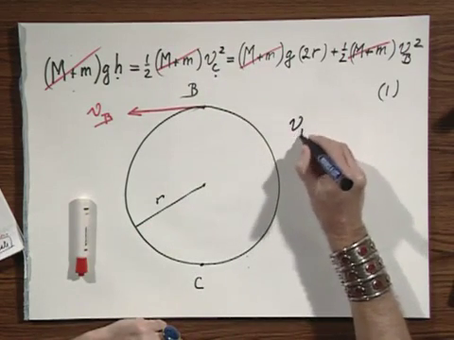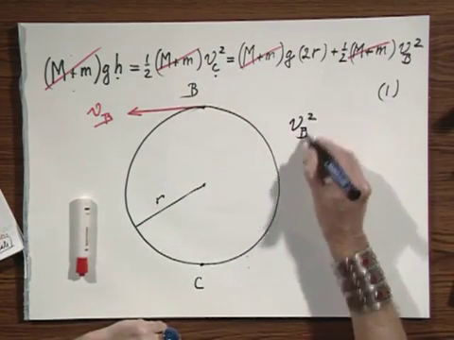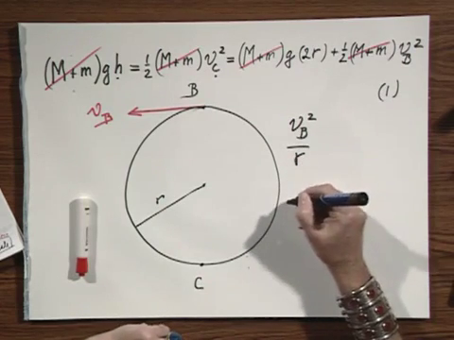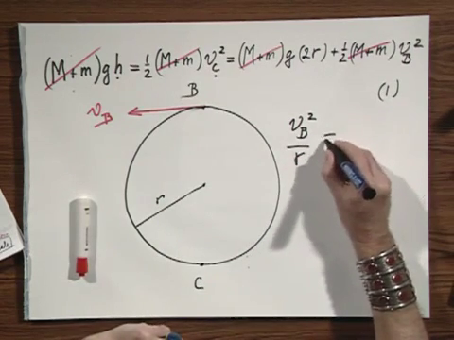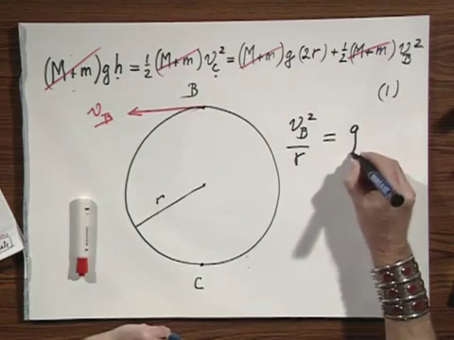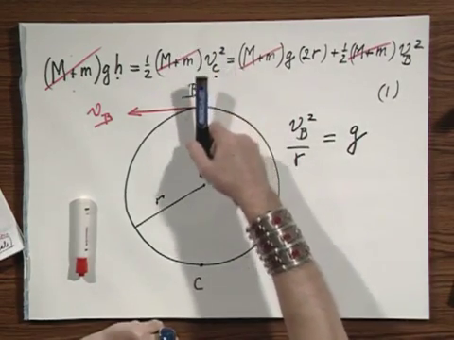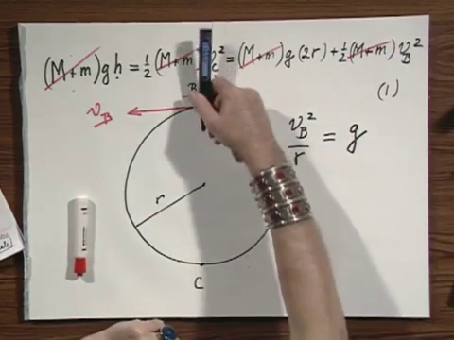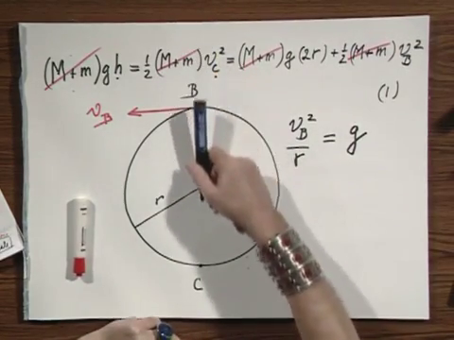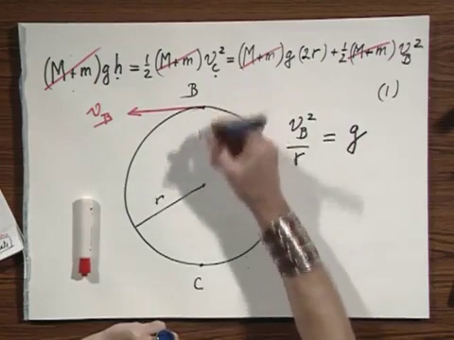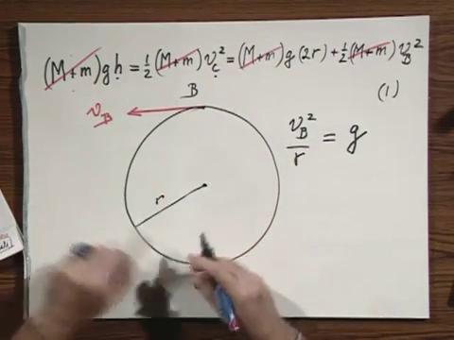And that centripetal acceleration equals vb squared divided by r. And let us now assume that this is exactly equal to g, so that gravity provides precisely the necessary centripetal acceleration to the center of this circle.